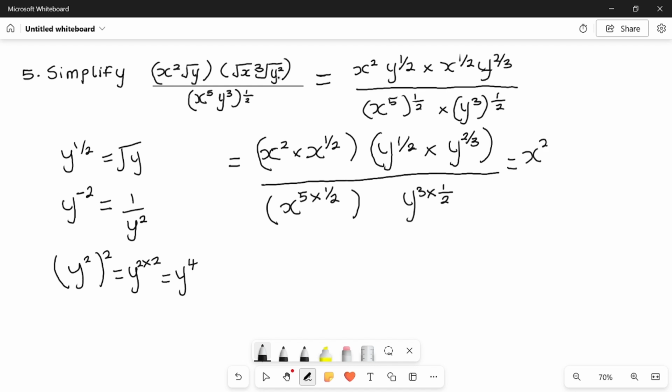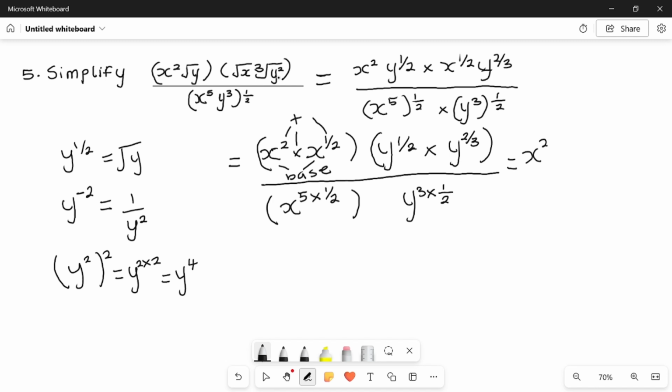When we are multiplying, we add the powers because they have the same base. You see, the same base. Since they are multiplying, you simply add their powers. This is the power here, 2 and 1 over 2.